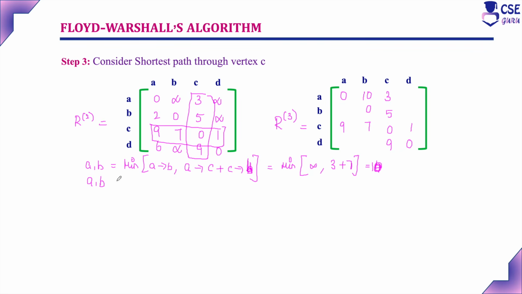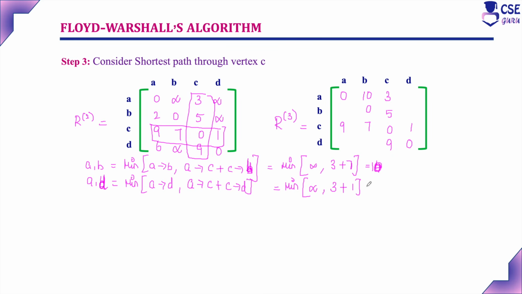Next is A to D. Minimum of A to D, and we need to consider the shortest path through C. So A to C plus C to D. A to D is infinite, A to C is 3 and C to D is 1.